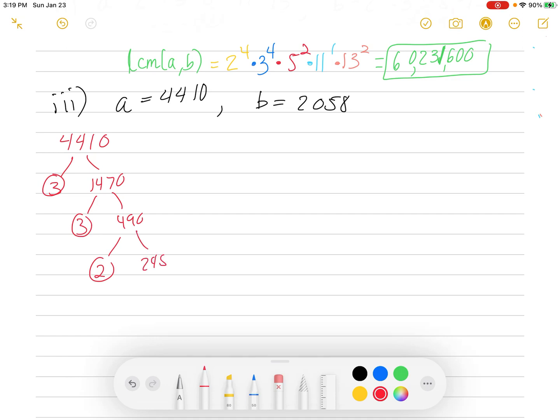Divide that by 2, and you get 245. 245 is not divisible by 2 or 3, but it's divisible by 5. I divide that by 5, I get 49. We know 49 is 7 times 7. Those are both primes.